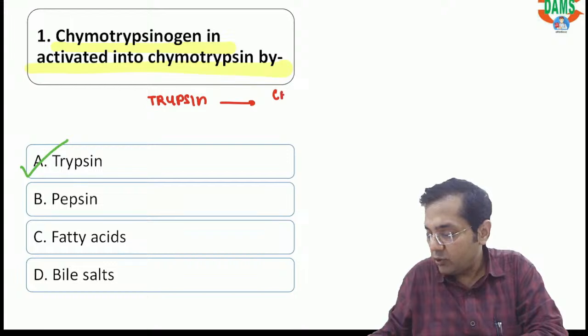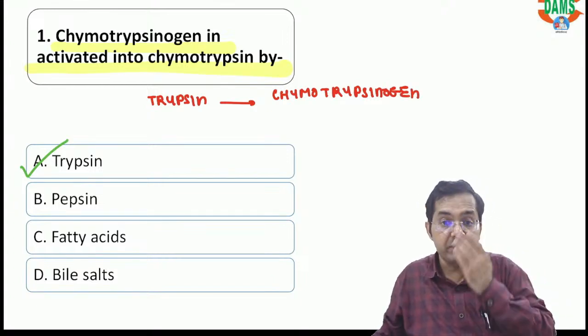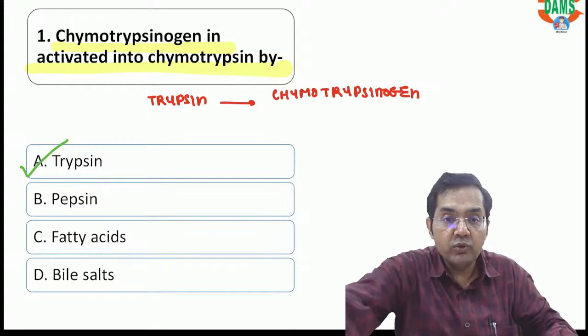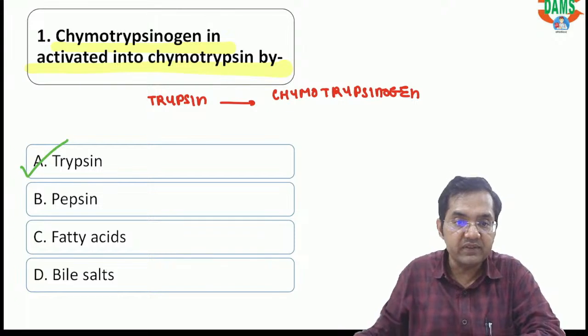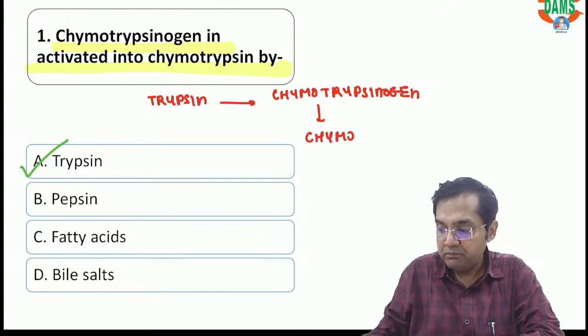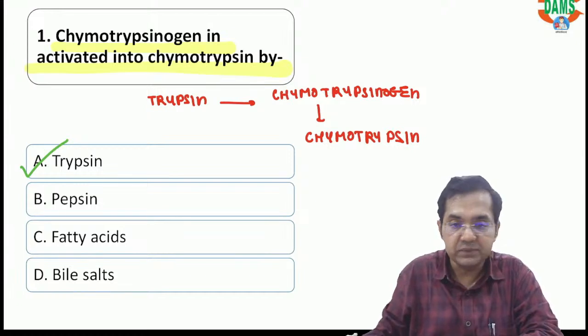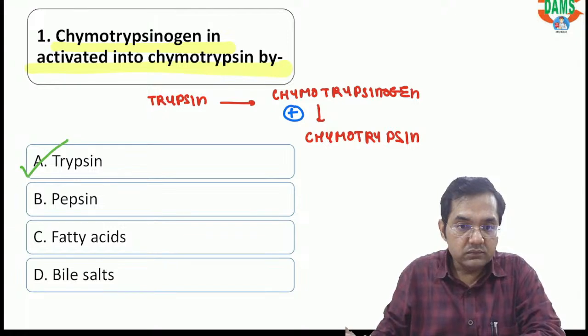It also converts pro-carboxypeptidases into carboxypeptidases and pro-elastase into elastase, right? So trypsin does many of these reactions.